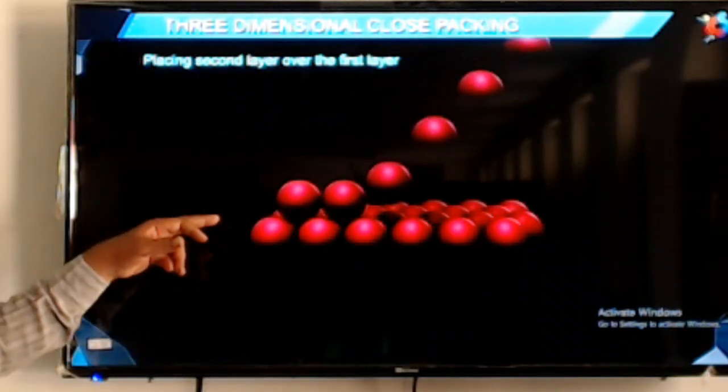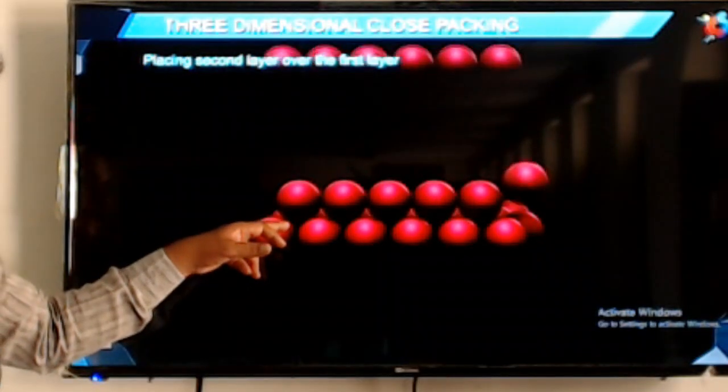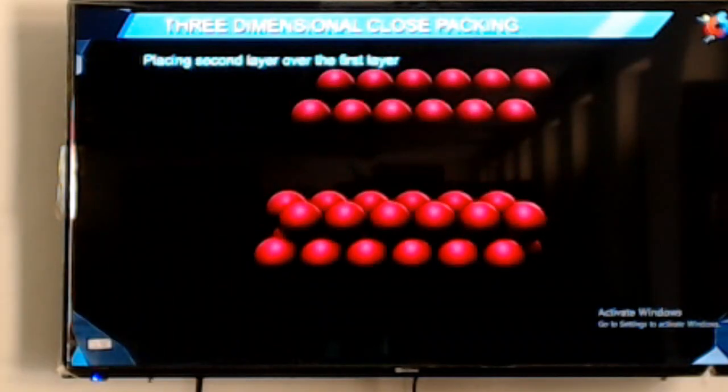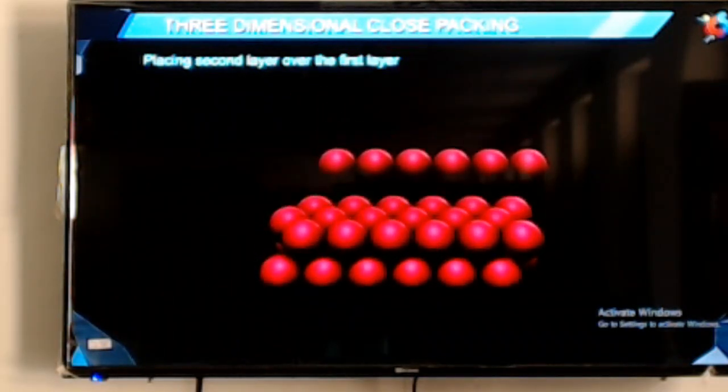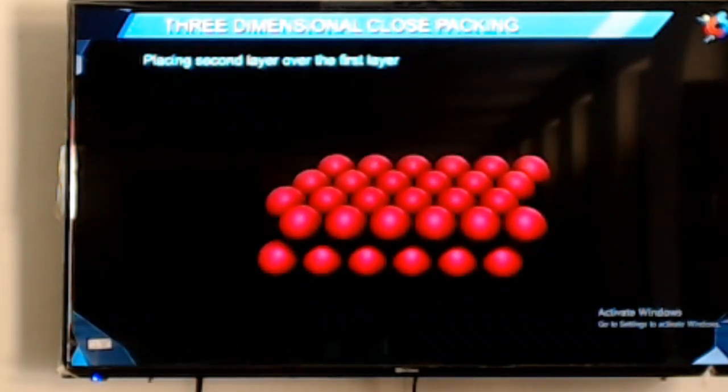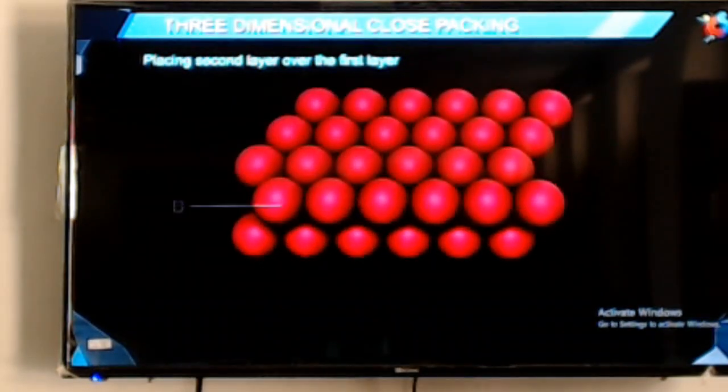So the spheres of the second layer are coming in the dips of the first layer.